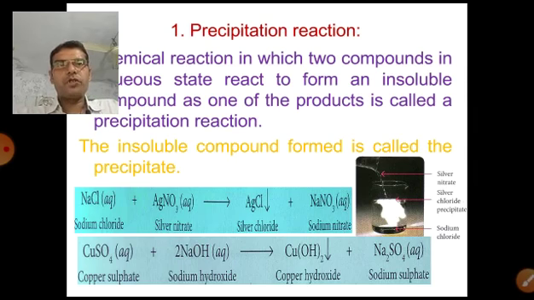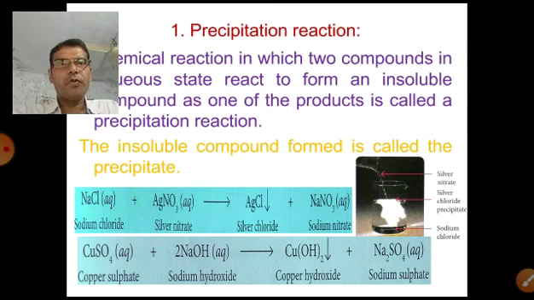Take a copper sulfate solution in a beaker and sodium hydroxide solution in another beaker. Now adding the sodium hydroxide solution to the copper sulfate solution, we get a precipitate of copper hydroxide, Cu(OH)2, and a byproduct sodium sulfate.